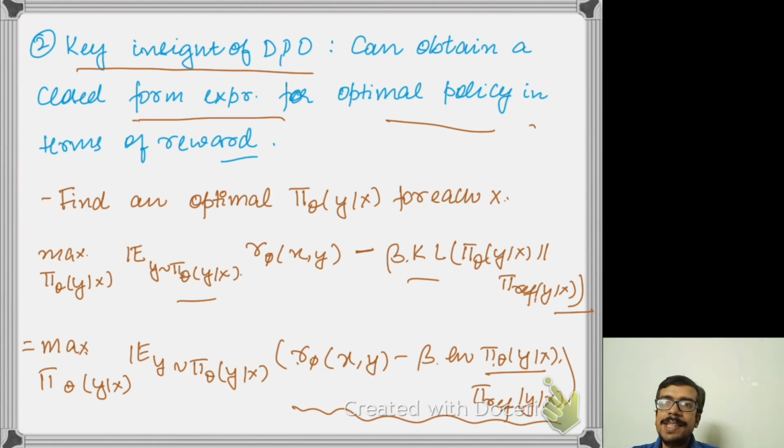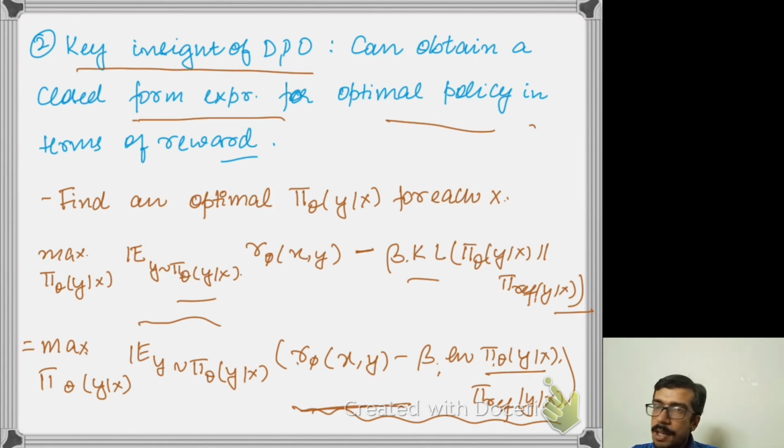So the key insight is that we'll try to express this entire expression as a KL divergence between two distributions. And what are these distributions? We'll come to that just now. In order to do that, it's already in an expectation. How about expressing this term as a ratio of logs? So can we do that?